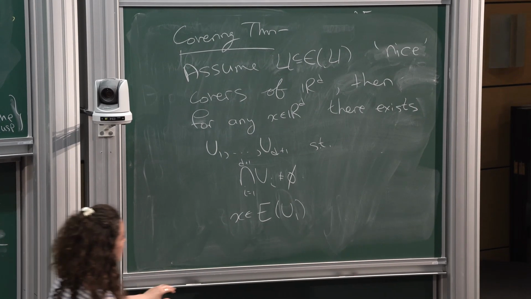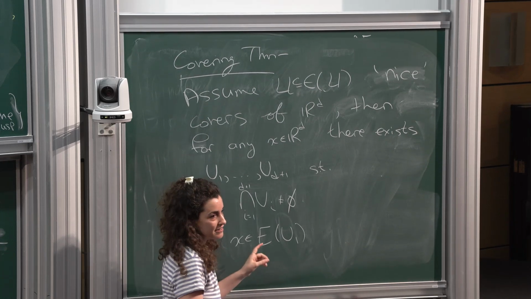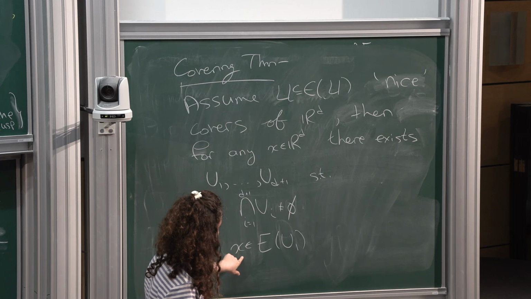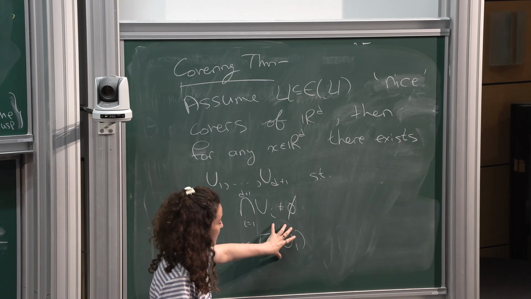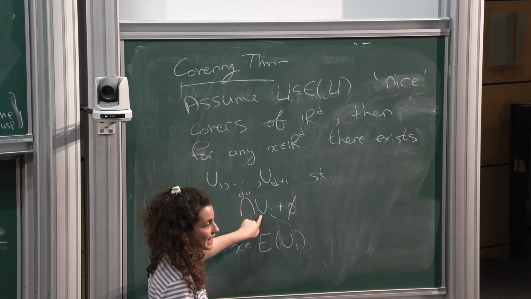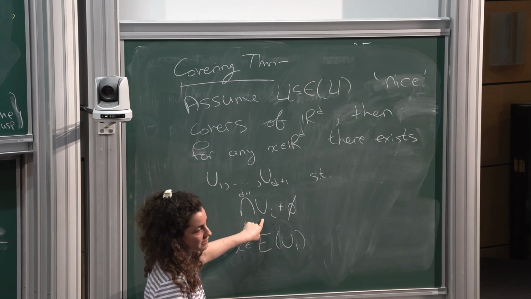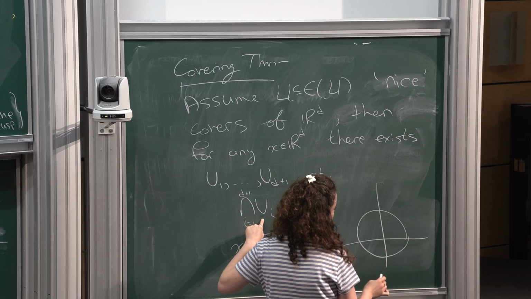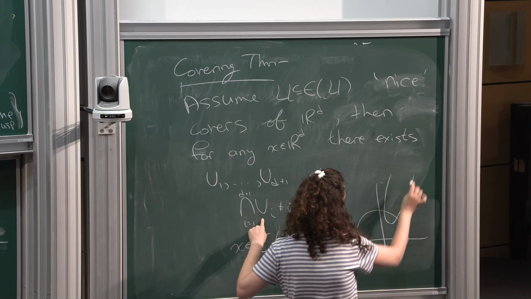Yeah, and this basically implies that we have a finite cover. Why? Because it means that if you take any point, it is contained in some E of something that must intersect the compact set. So you have a cover, and you have some compact set, and you have some other set which intersects it.